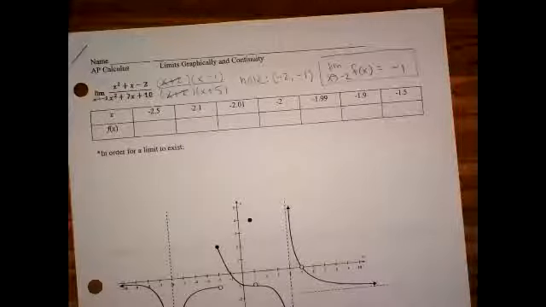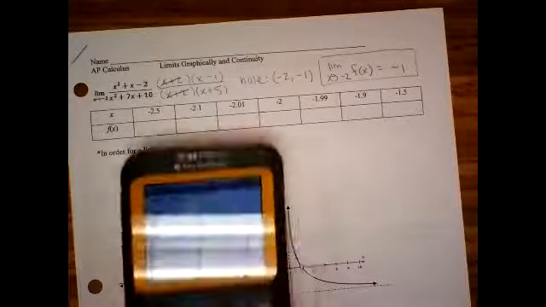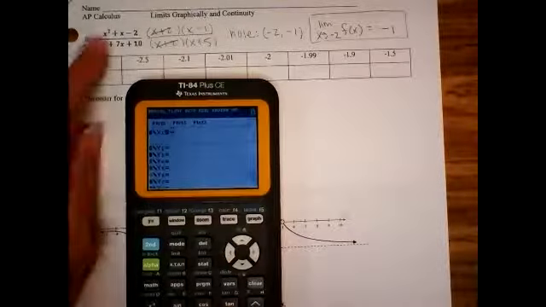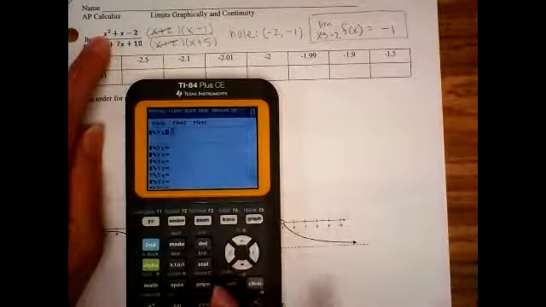All right, so we're going to fill in this table. I'm just going to grab a copy real quick and watch and follow along. I'm going to go to y equals, and I'm going to type in this function. It's been a while since I've used the calculator.